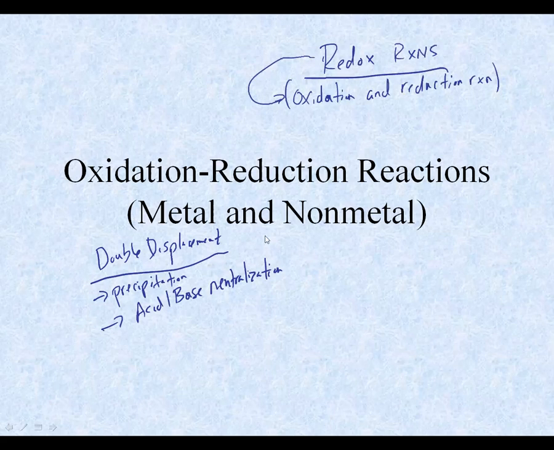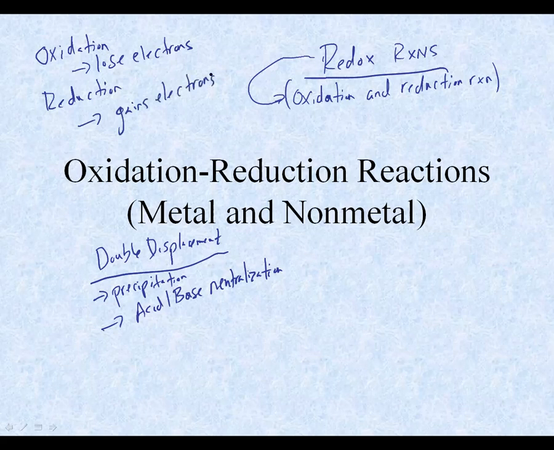But ultimately, when we talk about oxidation and reduction, oxidation basically is a result when something loses electrons. And reduction is a result when something gains electrons.